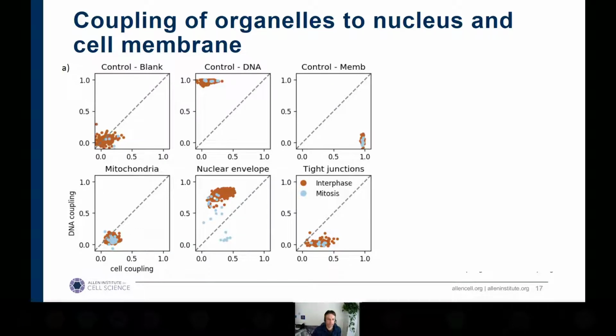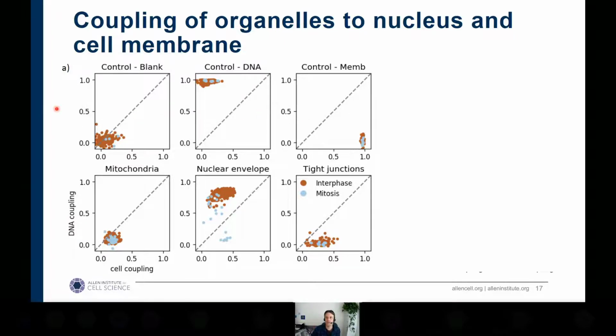In these plots, the dots are once again cells. On the x-axis, we have a metric, which is the coupling to the cell. How well does the cell membrane help you predict your organelle of interest? And on the y-axis, we have the same thing, but for the DNA or for the nucleus. In the top row, we are seeing a bunch of controls.